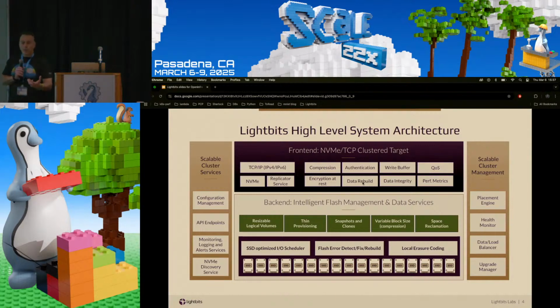The front end is where we look at all the traffic coming from all the clients, aggregating writes that need to be done and pushing them into the right place. Replication at the volume level is done from front end to front end, basically. One of the key things in Lightbits is that you can decide the number of replicas that you want a volume to have. It can be either 1, 2, or 3 replicas. When you create a volume, you basically decide on that.